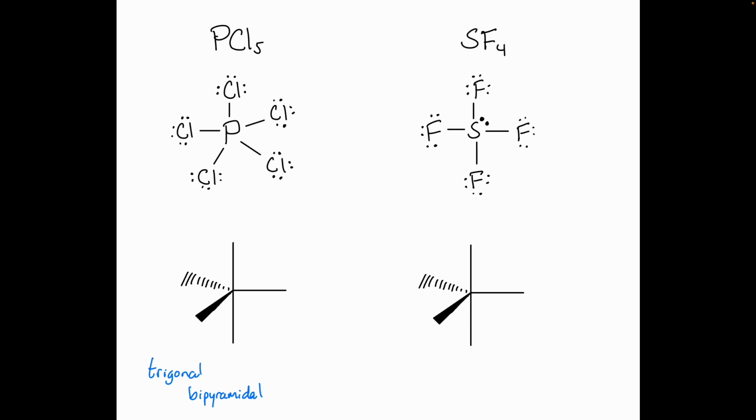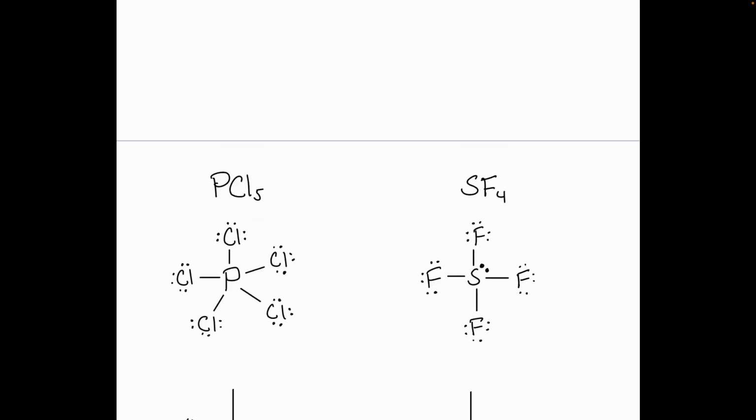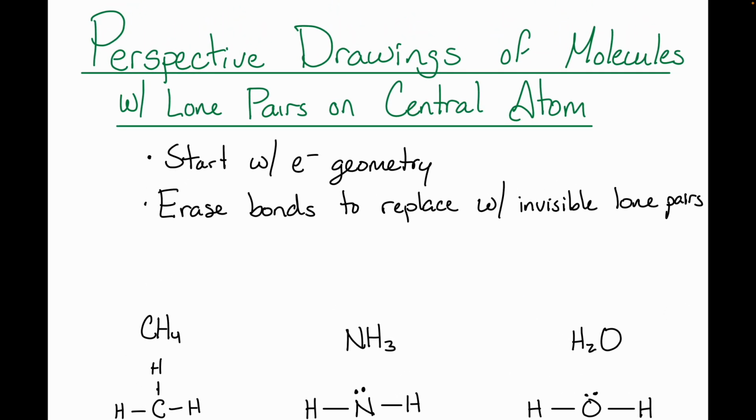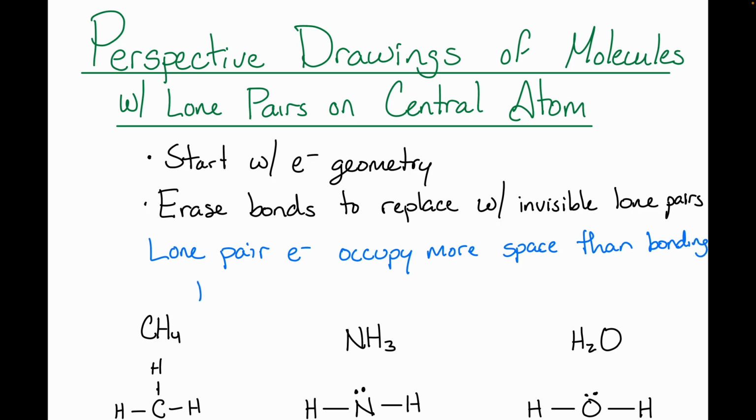So in order to figure out what we have to get rid of, there's one operating procedure that we're going to use, and that is the fact that lone pairs occupy more space than bonding pairs. Lone pair electrons occupy more space than bonding pair electrons.